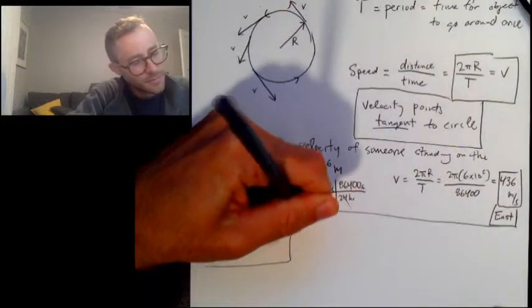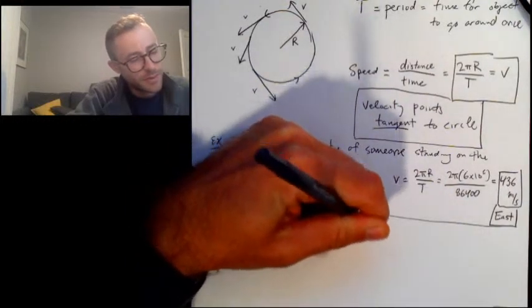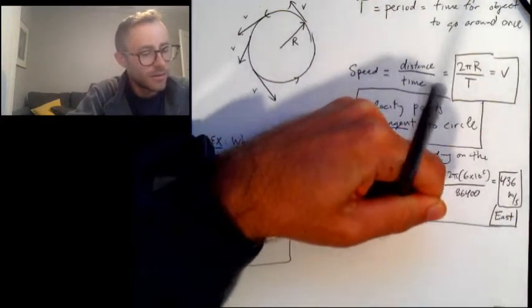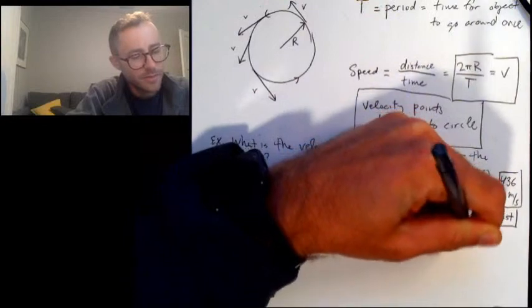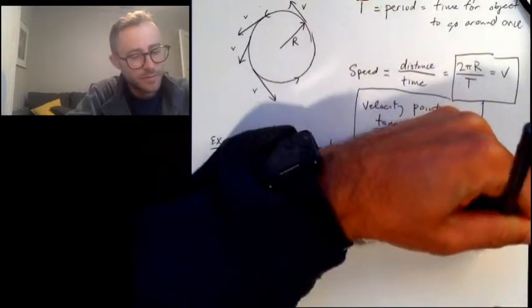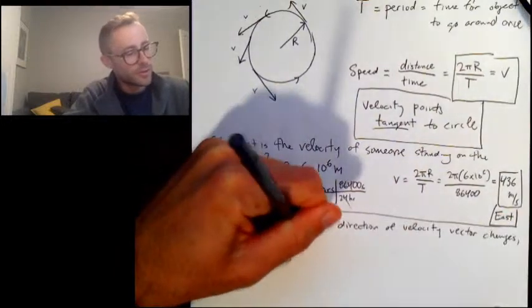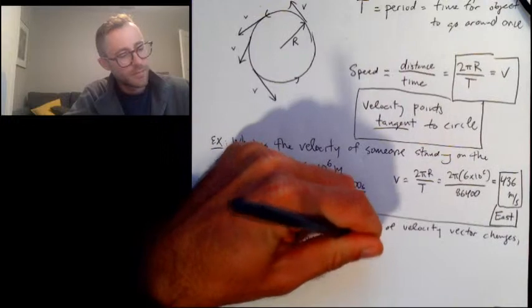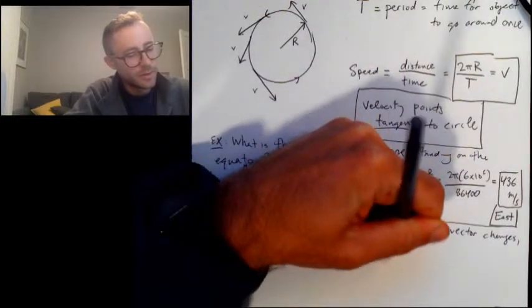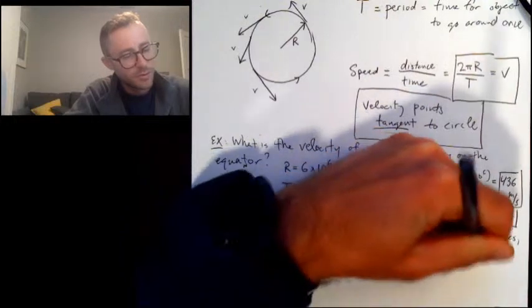So because the direction of the velocity vector changes, you accelerate when undergoing circular motion.